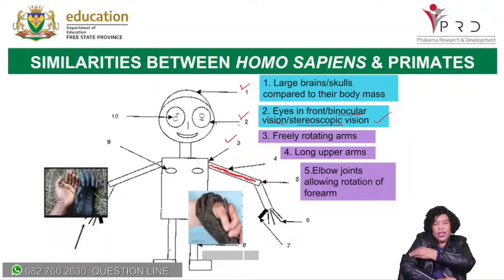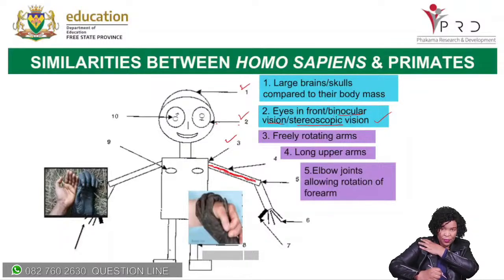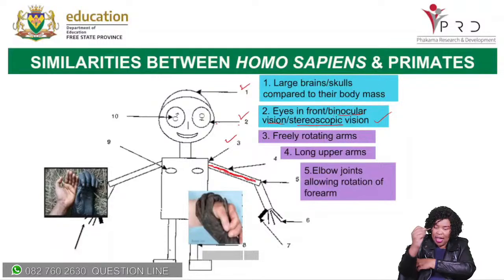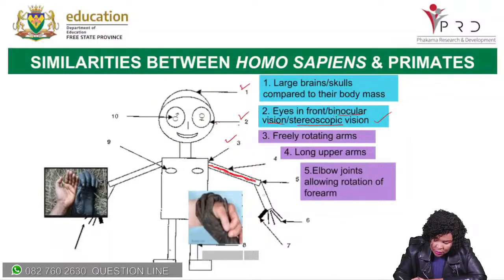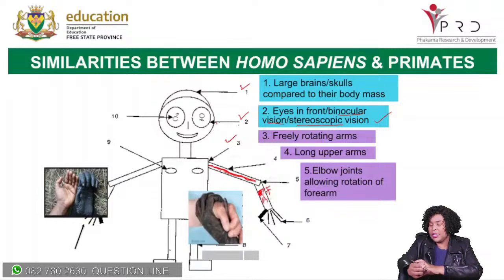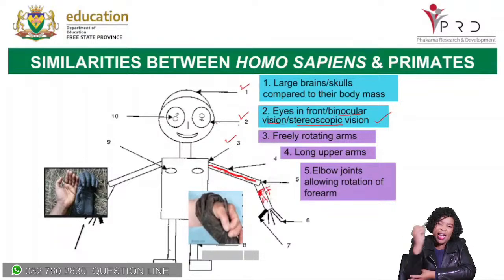Now you are going down with your hand. You started here. You said freely rotating arm, longer upper arm. Then you have elbow joint allowing rotation of forearm. Remember, the forearm is this one. I will write FA, forearm. The forearm is allowed to rotate by what? By the elbow joint.